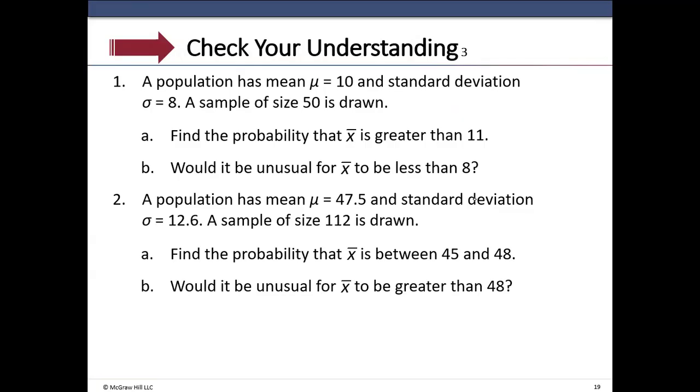So we want probability between 45 and 48. Remember, the standard deviation of the sampling distribution is 1.19. So second verse 2, between 45 and 48, lower is 45, upper is 48. Mean is same as mean of the population, which is 47.5. Standard deviation is 12.6 divided by square root of 112.